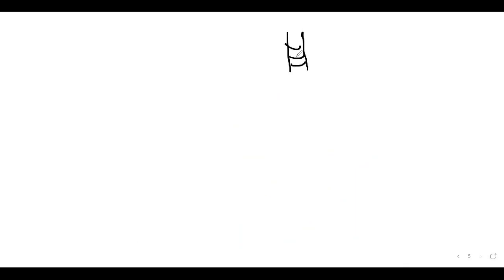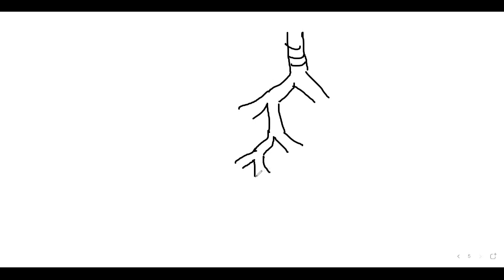This is the trachea. The trachea branches into primary bronchi, then the primary bronchi branch into secondary bronchi, and the secondary bronchi into tertiary bronchi. They branch into primary bronchiole, secondary bronchiole, tertiary bronchiole, terminal bronchiole, respiratory bronchiole, and finally the alveolar duct.